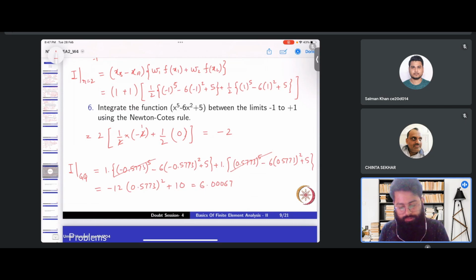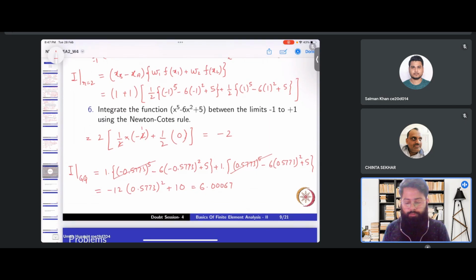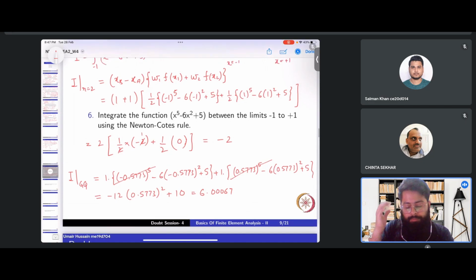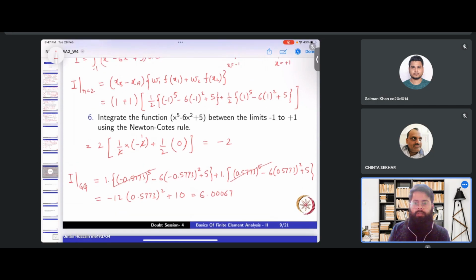So actual value of this integral using analytical method was also supposed to be 6. So we see for 2 points our Gauss quadrature formula is giving us pretty accurate value compared to the Newton-Cotes rule. So I hope this problem was also clear. Otherwise we can move on to the next problem.